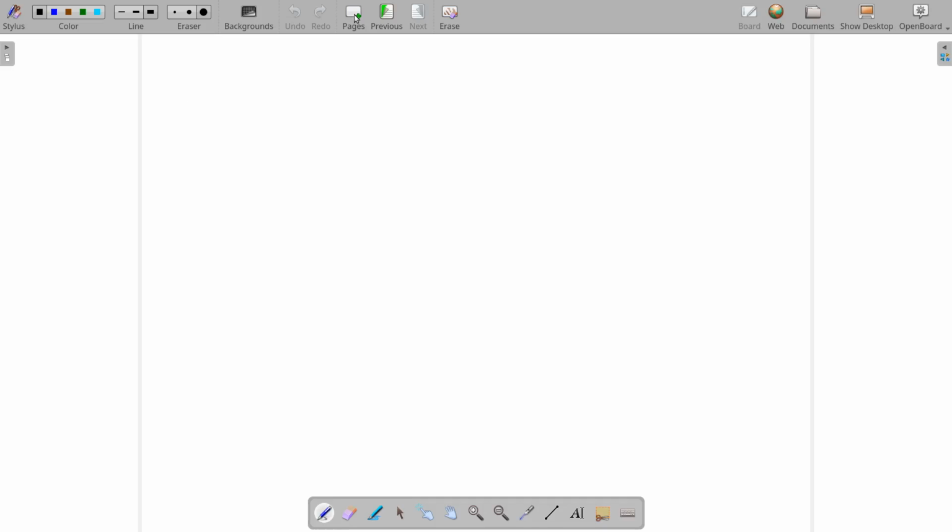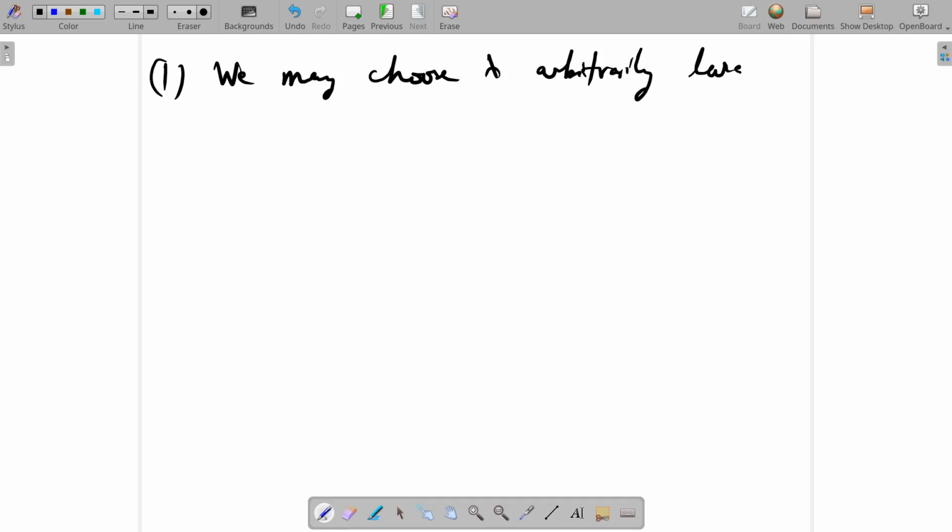So one of them is we may choose lambda arbitrarily large and still stay within F, large in such a way that P plus lambda W is in F. As you can imagine, if F were some sort of compact set, this will never be the case, right?